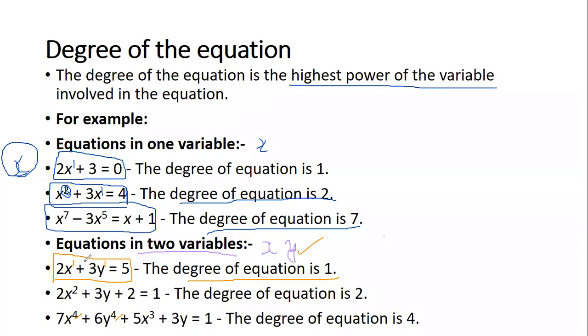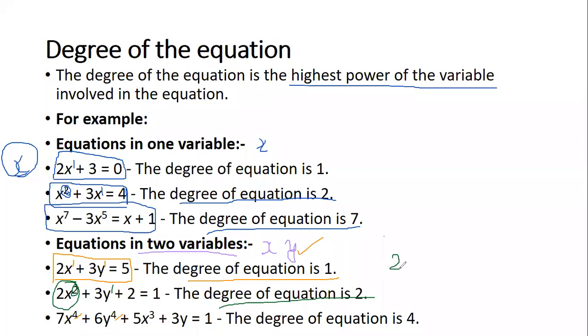Now if you see the second example here, 2x square plus 3y plus 2 is equal to 1. Now x has 2 as the power, but y has 1 as the power. Even in this case, you are supposed to consider x's power as the highest, and the degree of equation is 2. Understood? I'll repeat this point once again. Please listen carefully.